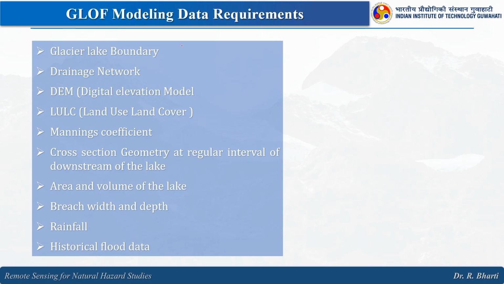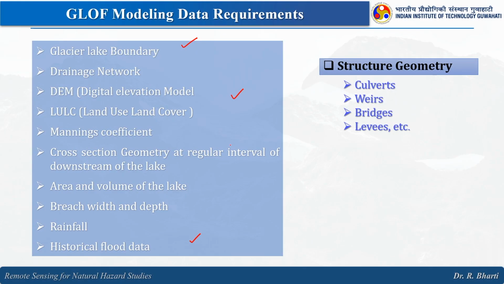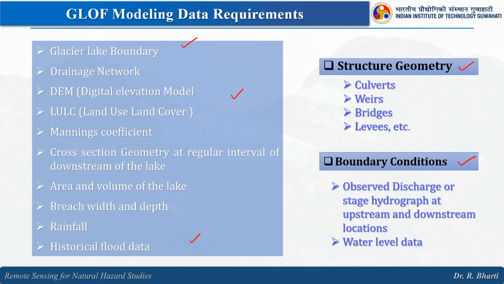Here you can see the GLOF modeling data requirements. This is a generic list. When you go for a specific glacial lake modeling, you may require to modify this list. The structure geometry and boundary conditions will be required in your GLOF modeling.